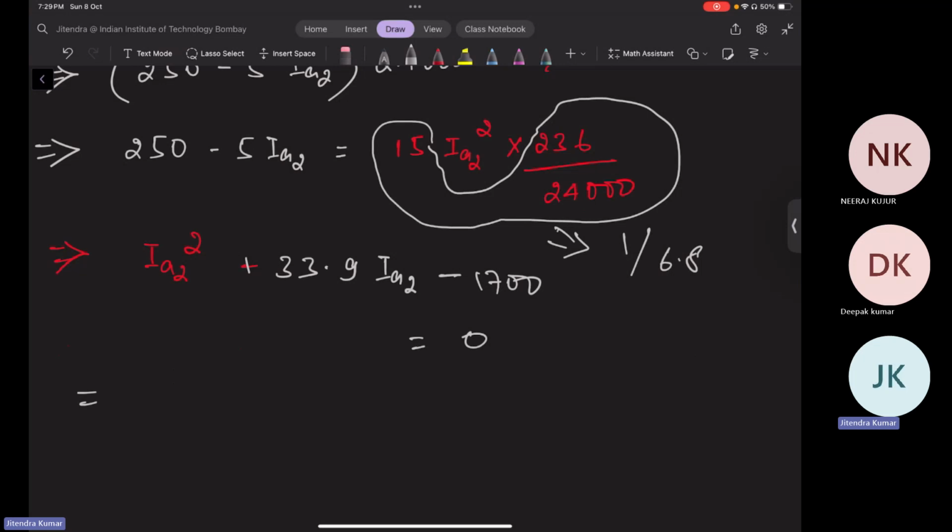It will give you two solutions. Okay, so Ia2 square, if you solve on the calculator, how much are you getting?